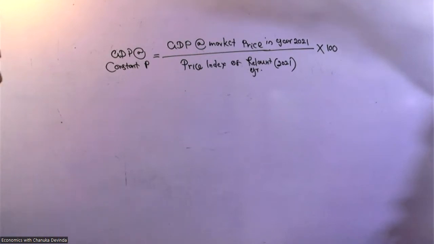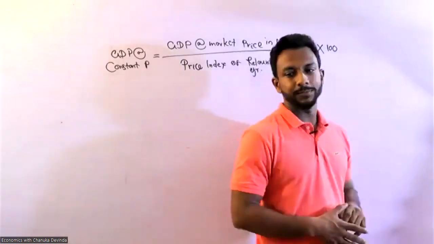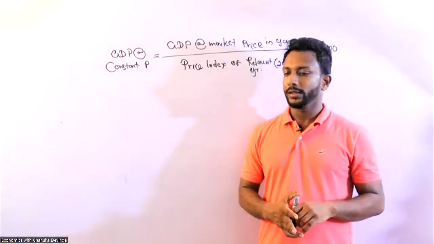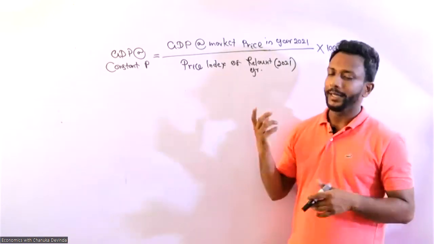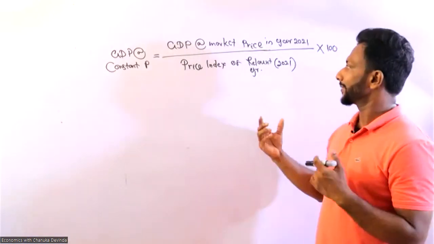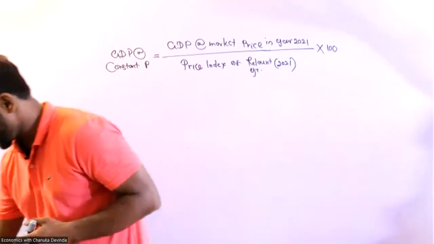GDP at constant price equals GDP at market price in the relevant year divided by the price index of the relevant year, multiplied by 100.